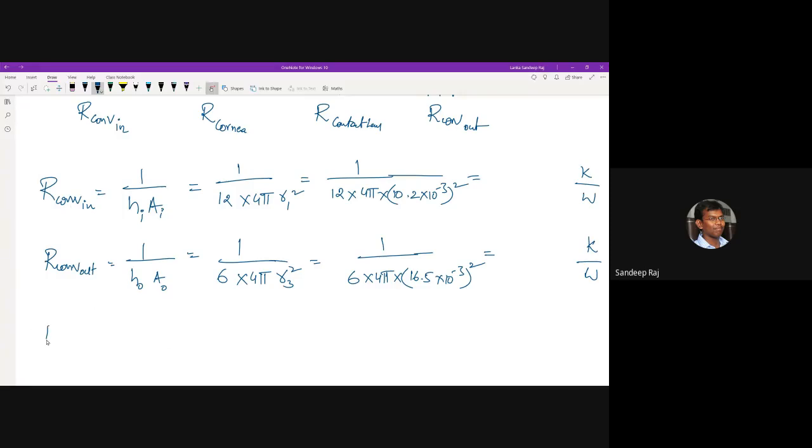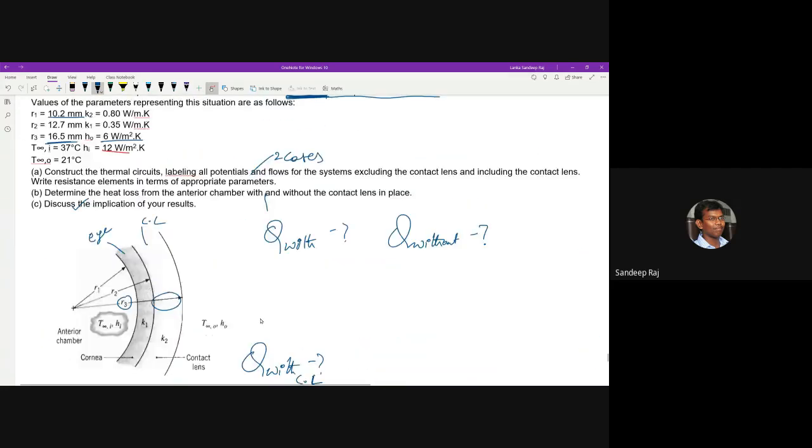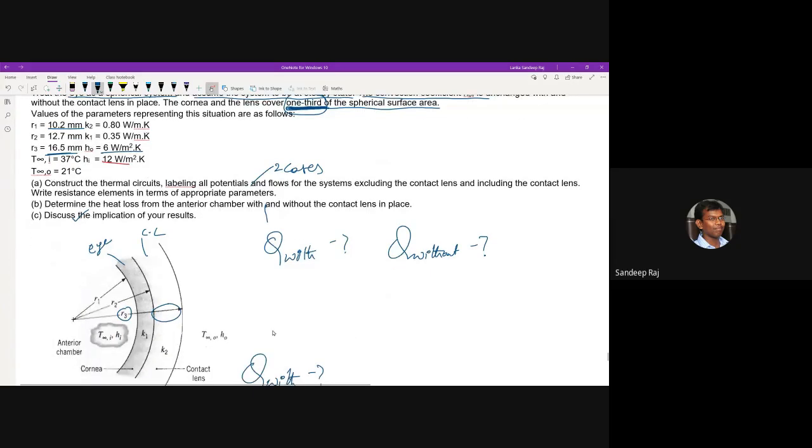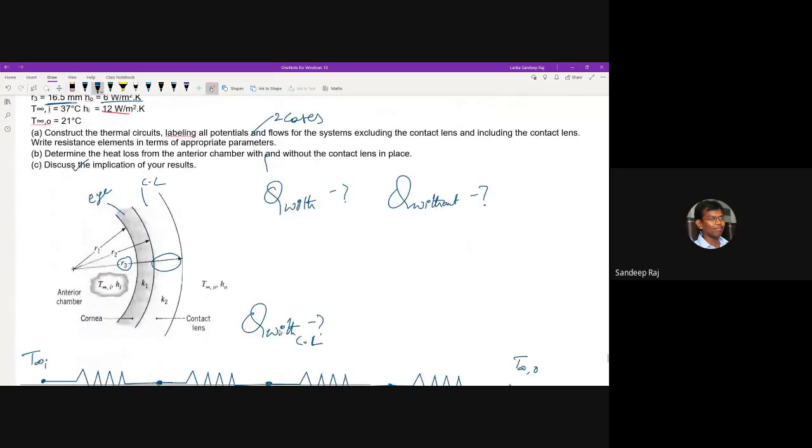Let me go to the R. See, again, I made a mistake. I thought I would forget and I forgot it again. This should be divided by 3 here, by 3 here, by 3 here, by 3 here. Why by 3? Because we are given one third of the spherical surface area, and the whole area of the eye cannot have contact with the atmosphere.